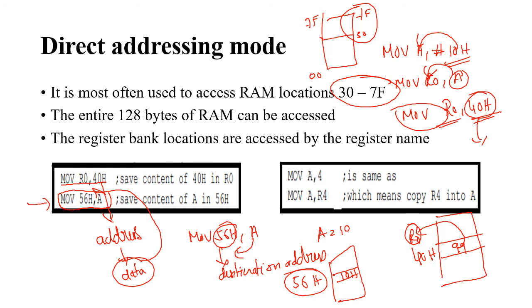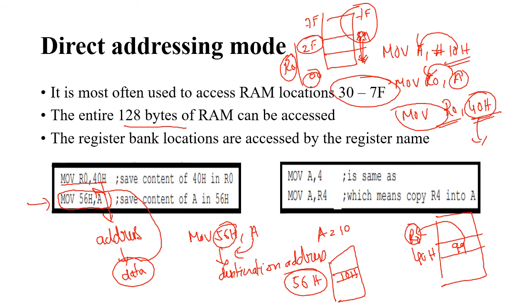It doesn't mean that we should not use the direct addressing mode from 00 to 2F. We can use it, but all these are referred to by names, some registers and bit manipulation instructions, and it is easy for us to use the name. If there are some issues, we can directly access these memory locations using the direct addressing mode.